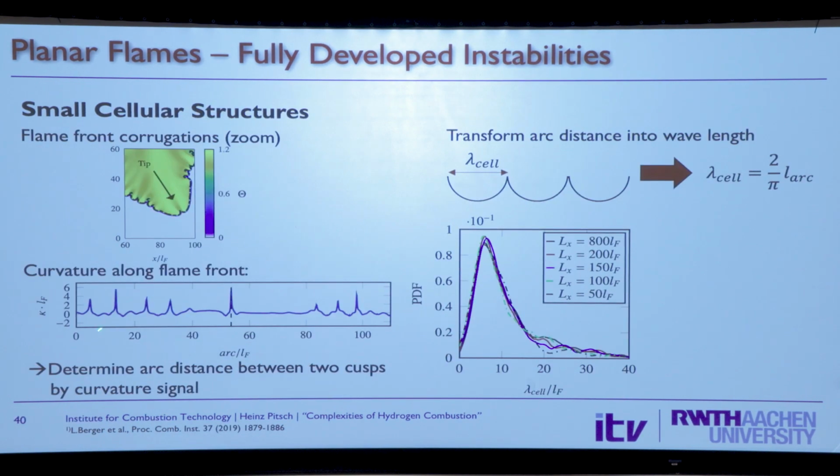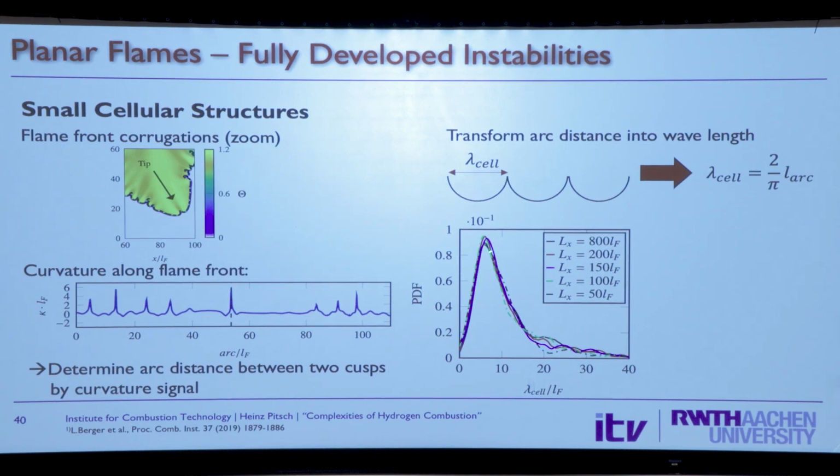Then we can look at the size of these structures. Here we just evaluate the curvature, and you always get these peaks of curvature, and one cusp length is just from one peak to the next. We can evaluate these and look at a PDF.